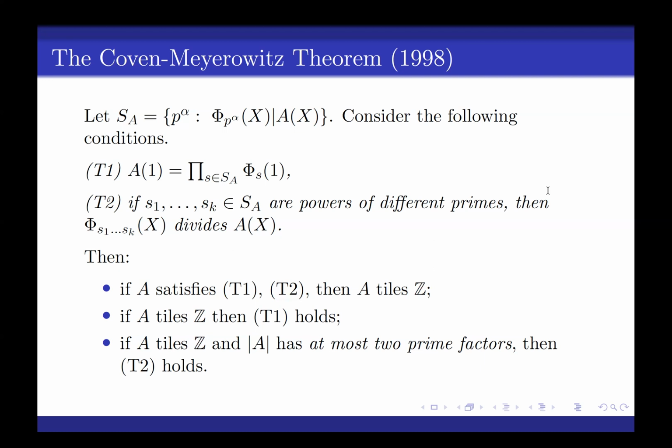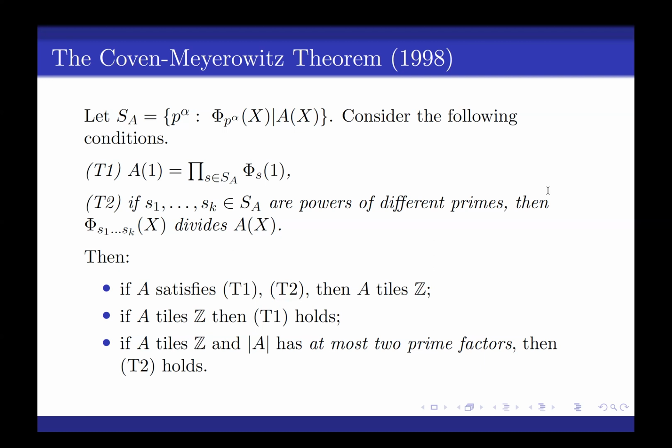So I'm going to elaborate on the first point and the last point. Let me start with the last point. We were naturally interested in extending this last point to the situation where the cardinality of A has 3 or more prime factors.